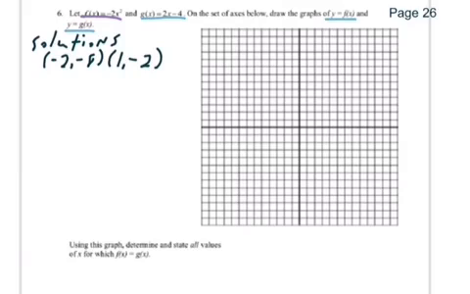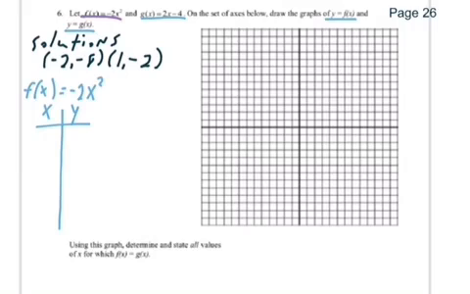Once you write down the solutions, now you're going to graph both the parabola and the line. If the parabola and the line do not intersect at -2, -8, and 1, -2, it means that you made a mistake, so you're going to go back and recheck your graph.